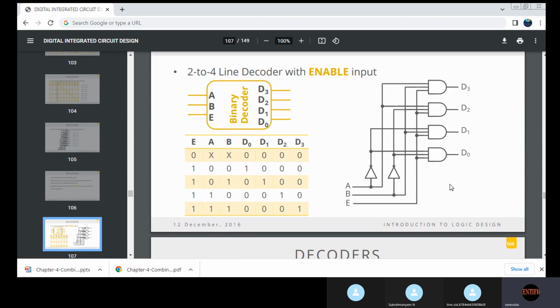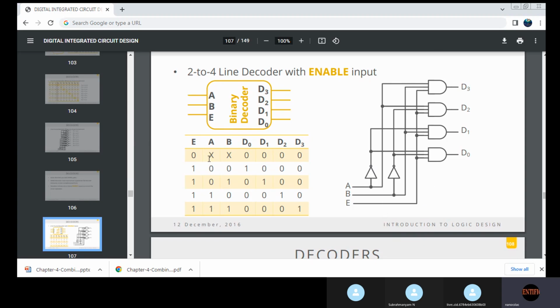Another thing is, if you are adding an enable input to the decoder, normally you will be designing the decoder like this. Normally you will have the decoder like this, where D0, D1, D2 and D3 are the outputs of the decoder. According to this, if you write the logic equations and design the circuit, it will be like this.